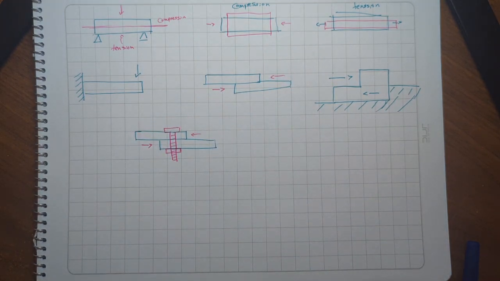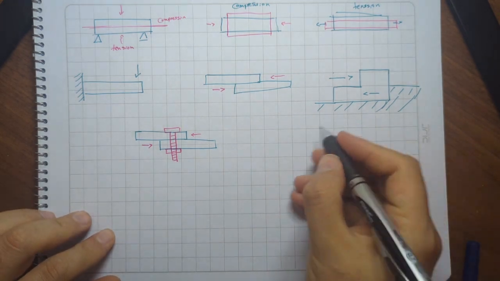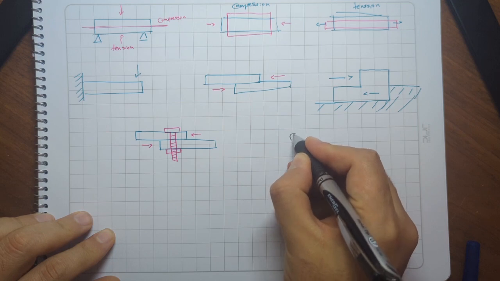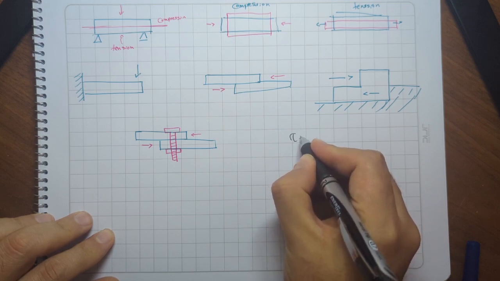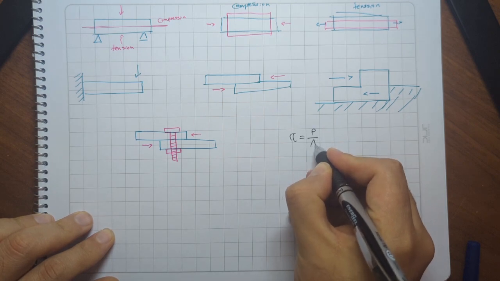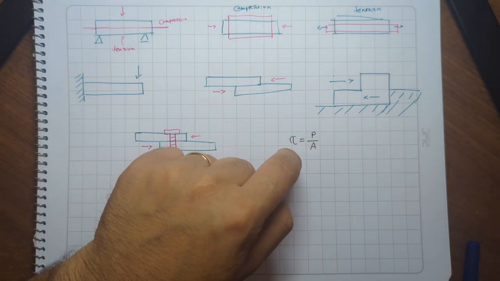And when we want to calculate the shear stress, we use this formula. Tau equals P over A, where tau is the average shear stress.